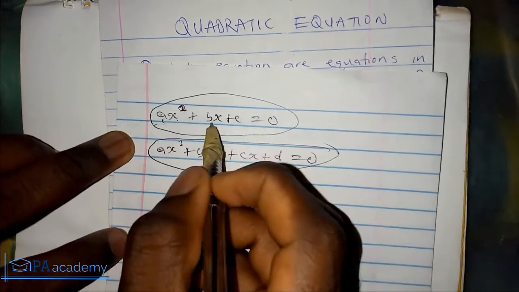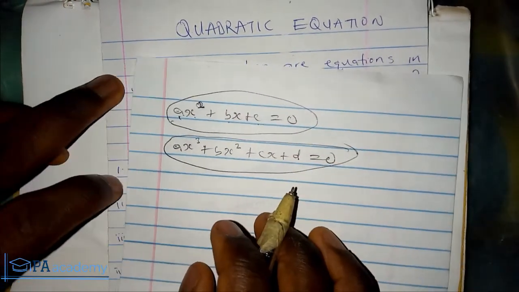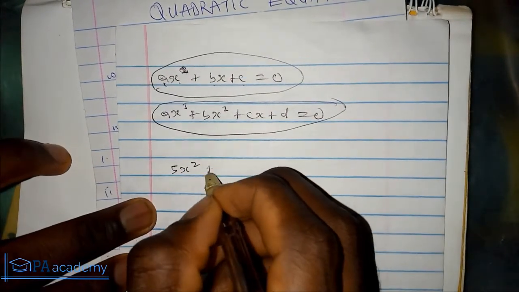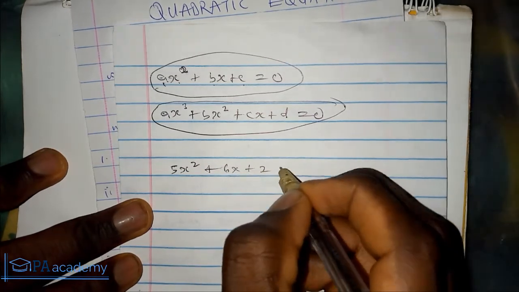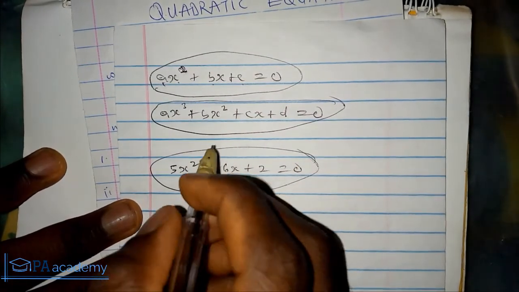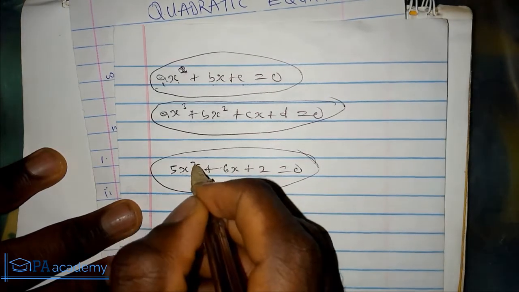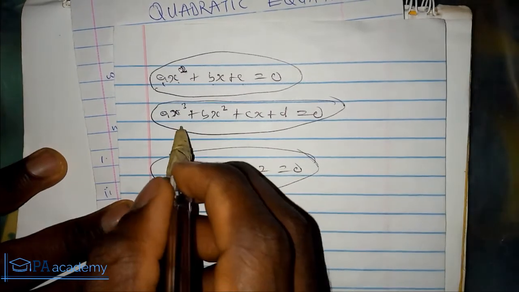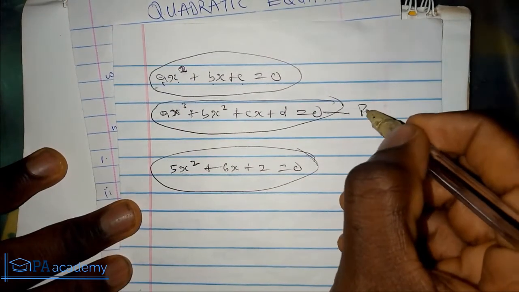So this a, this b, and this c, they are numbers. So you can have something like 5x squared plus 6x plus 2 equals 0. This is a quadratic equation, so the highest power of x is 2. Unlike here, where the highest power of x is 3, so this is a polynomial.